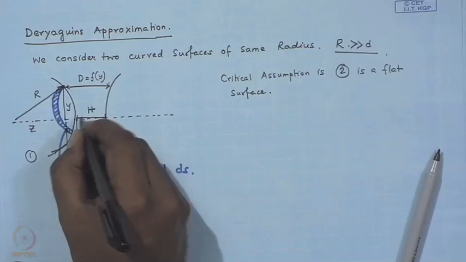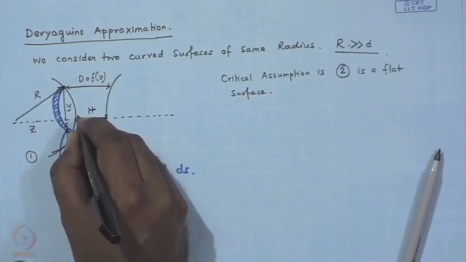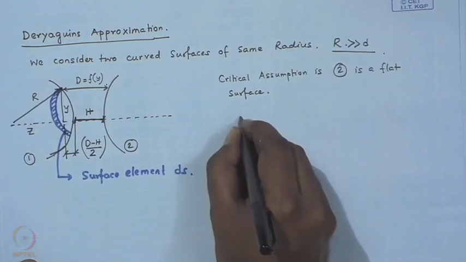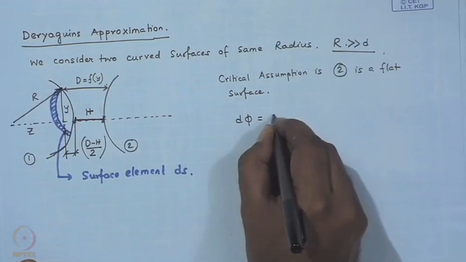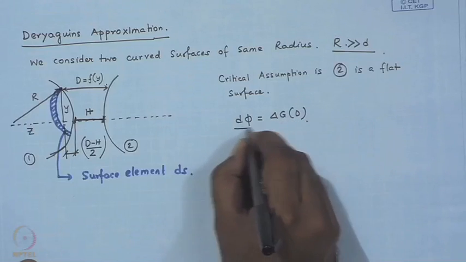This is h. So, this is d minus h by 2, this particular zone, and what we have is d phi is delta g as a function of d, the separation distance.